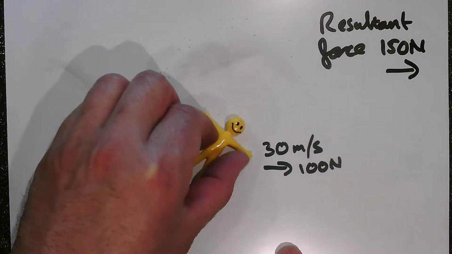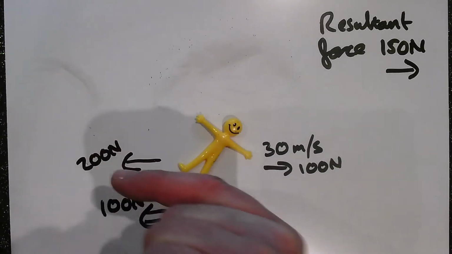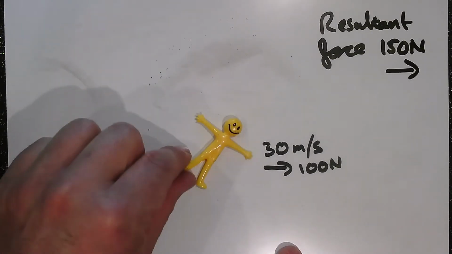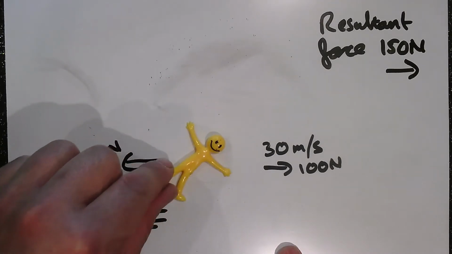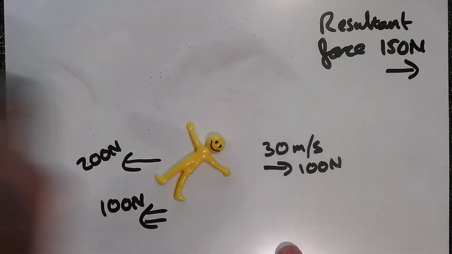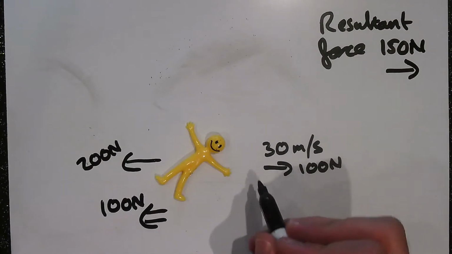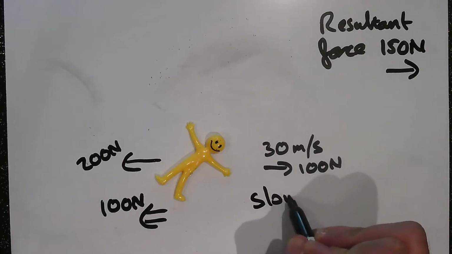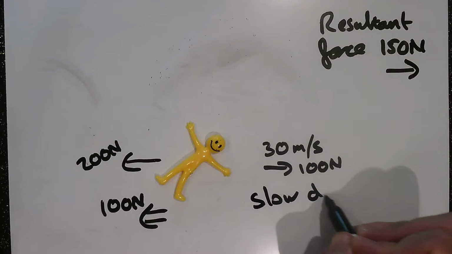The resultant force is acting in the opposite direction to where he's going. The S word that we're after is slows down.